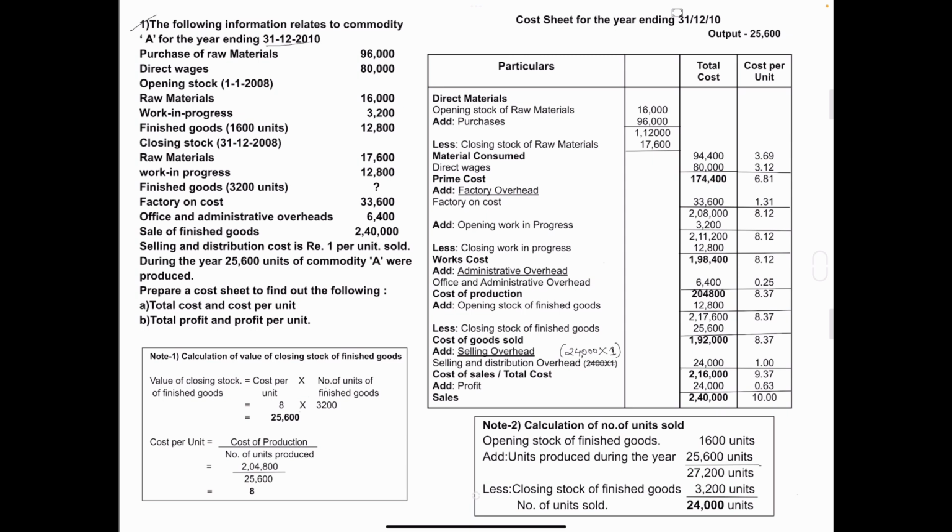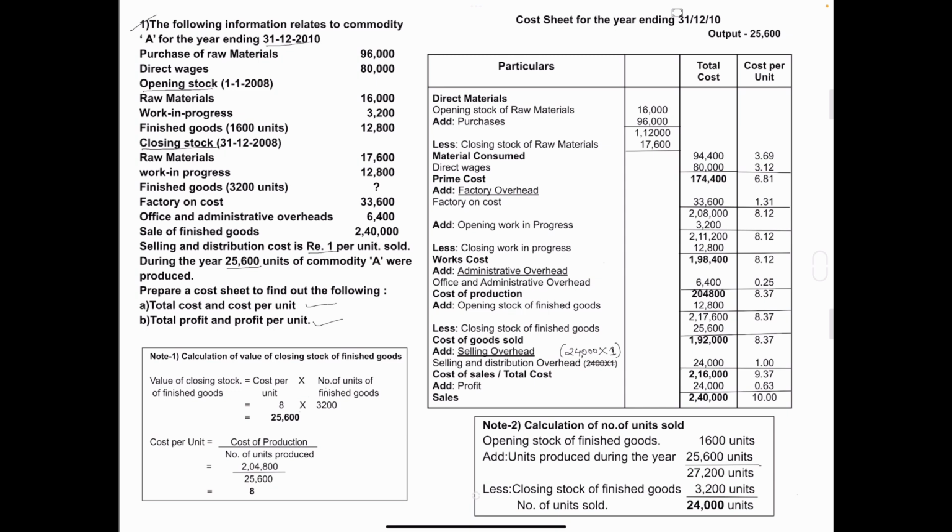Purchase of raw material, direct wages, opening stock of raw material, work in progress, finished goods, closing stock of raw material, work in progress, finished goods, factory on cost, office and administrative overhead, sale of finished goods, selling and distribution cost is rupees 1 per unit sold, and during this year they have produced 25,600 units, and we have to prepare the cost sheet to find out total cost and cost per unit and total profit and profit per unit.